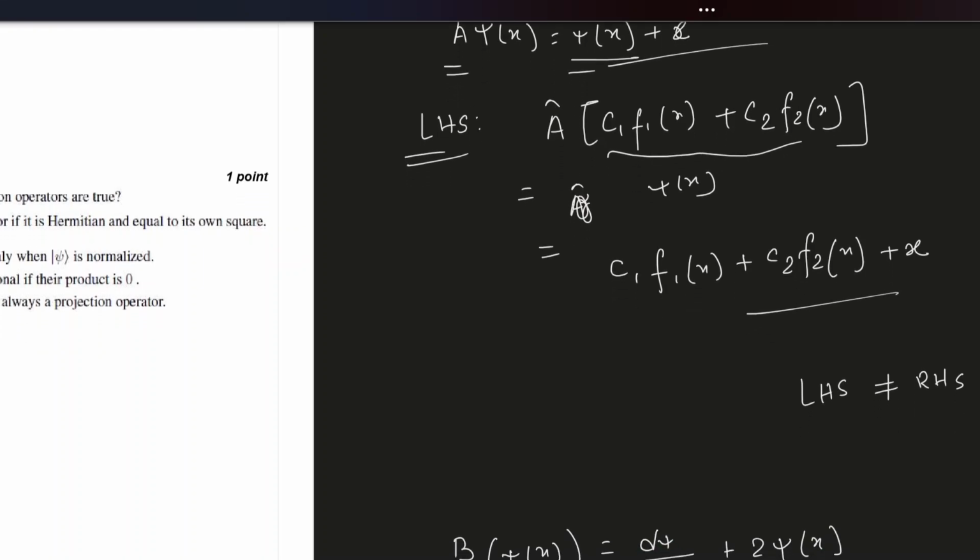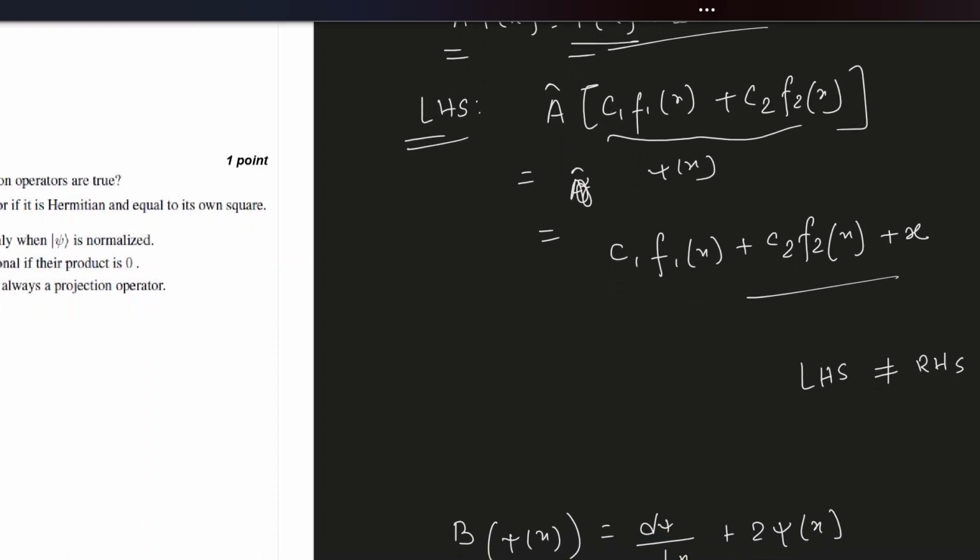So B acting on psi x is d psi dx, that means d dx of C1 f1(x) plus C2 f2(x), plus 2 of C1 f1(x) plus C2 f2(x).